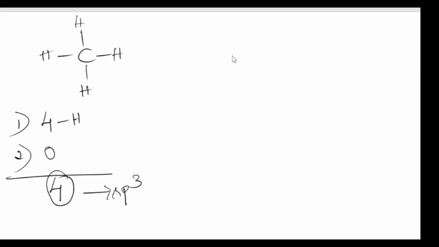Now we'll look at another example. Simple molecule ethene I will take here. Now I have to find the hybridization of this particular carbon atom. The first thing is how many atoms this carbon is attached to: this carbon and these 2 hydrogens.